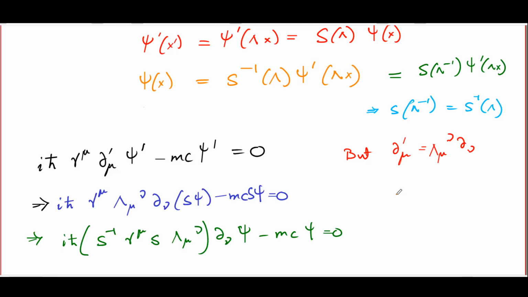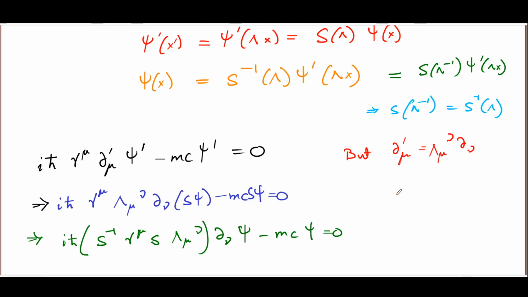Notice that the lambda lower mu upper nu are actually covector transformation coefficients. In matrix language, they are the mu nu-th elements of lambda transpose inverse, or simply speaking, they are just the coefficients del x nu by del x prime mu.